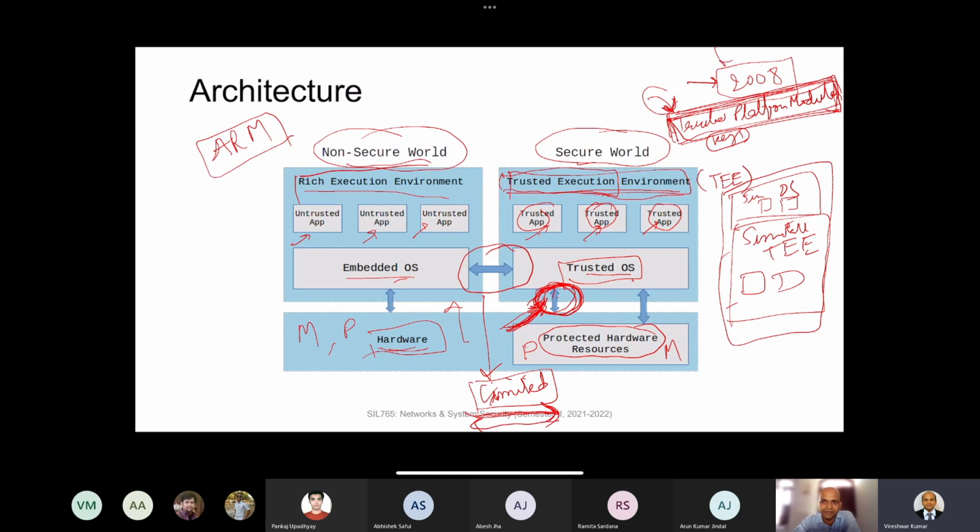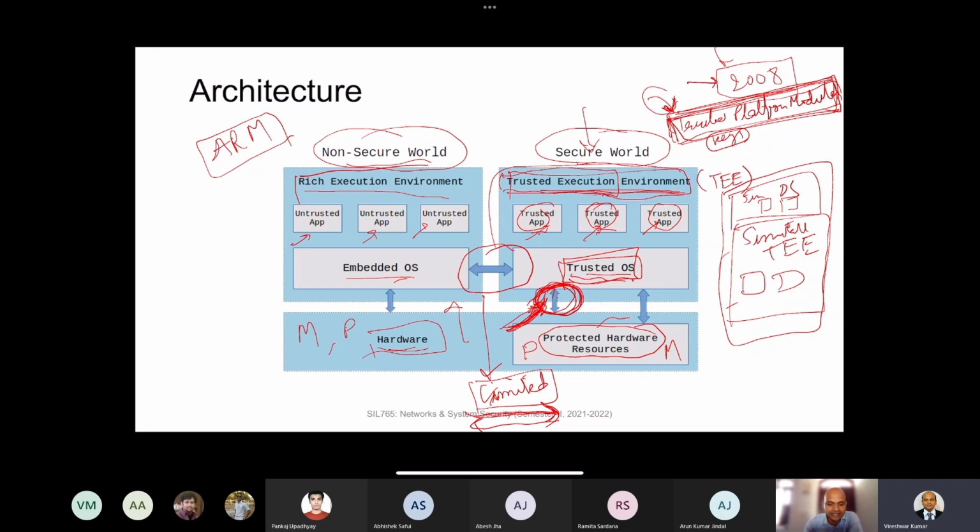But recovery requires some additional things in addition to having secure hardware. You need this whole environment for recovery. You need to have a trusted OS running, and you need to have some applications running if you want to recover.